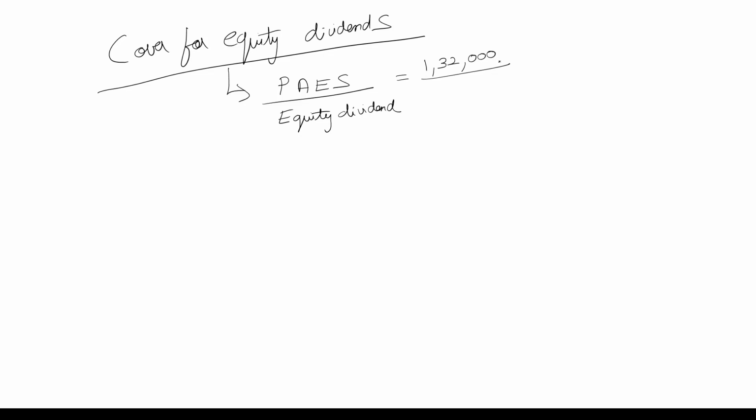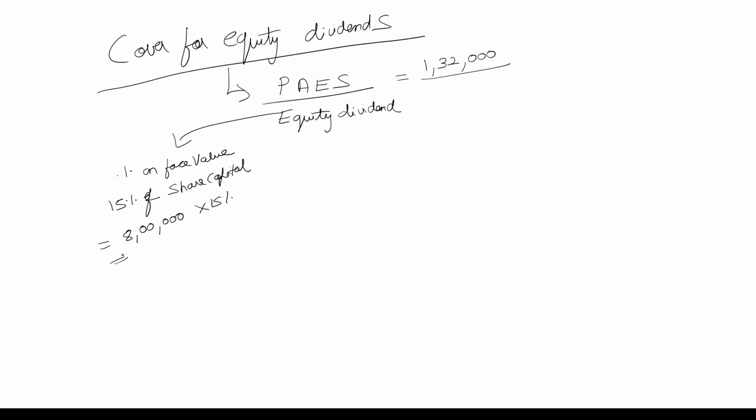What is the equity dividend? In the question it tells us it is 15%. Generally equity dividend is given as a percentage of face value. So here when I say 15%, it is 15% of share capital. So here it is going to be 8 lakhs into 15%.